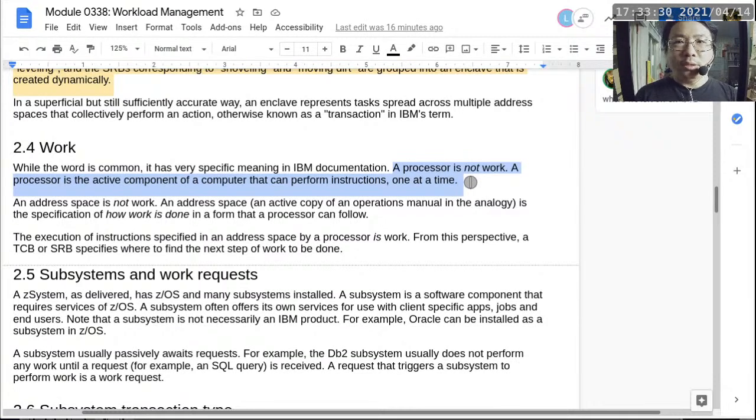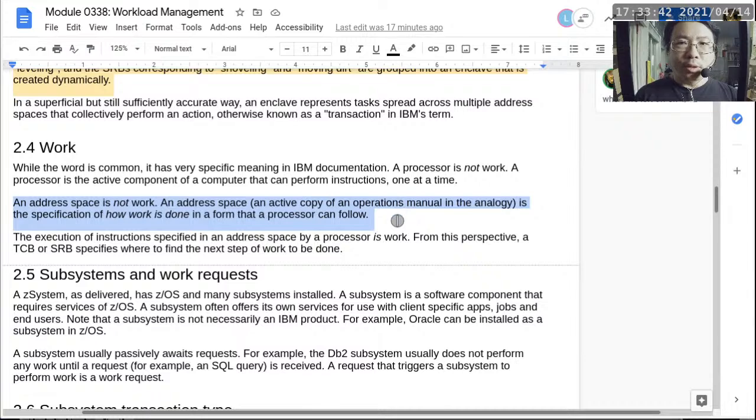A processor is the active component that performs the work, but the processor itself is not work. The address space is not work either. An address space specifies how work is supposed to be done, so it specifies the instructions, but by itself an address space is not work. The execution of instructions in an address space by the processor, that is work.